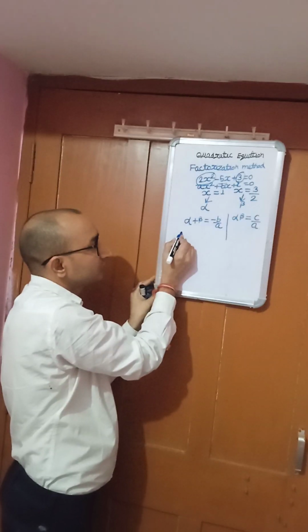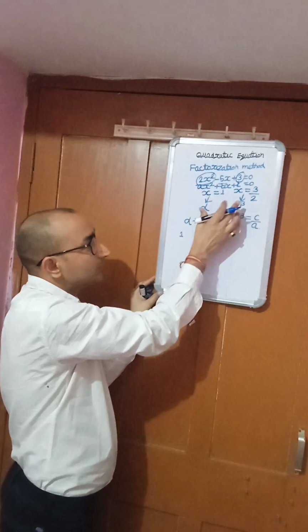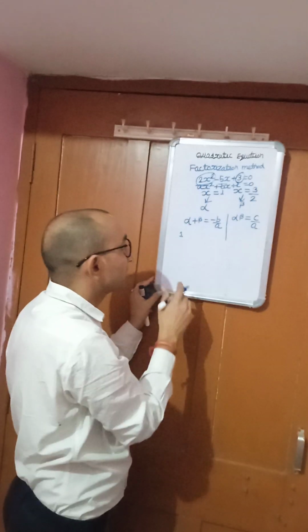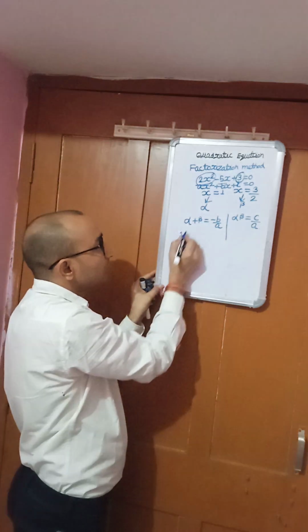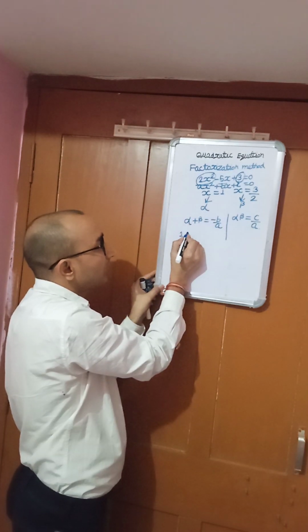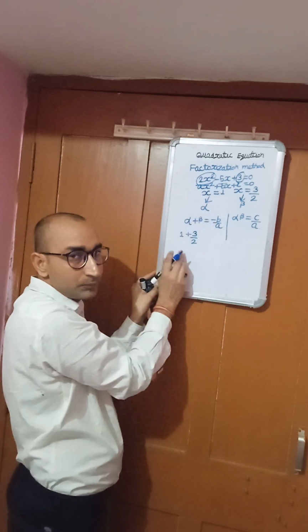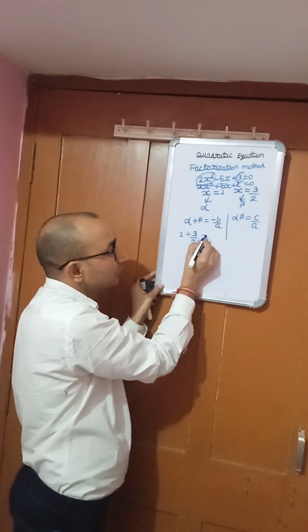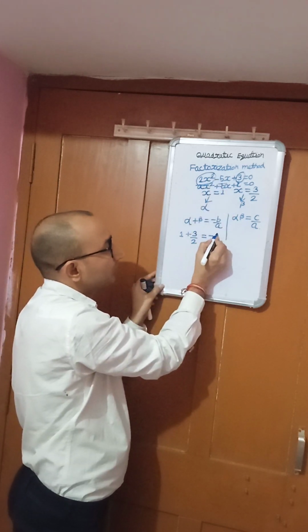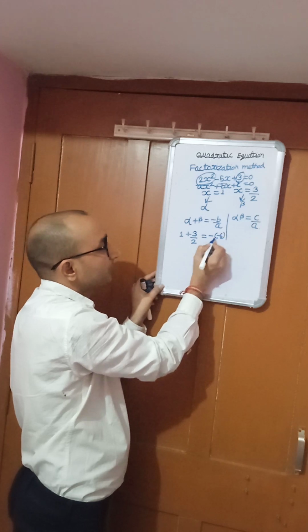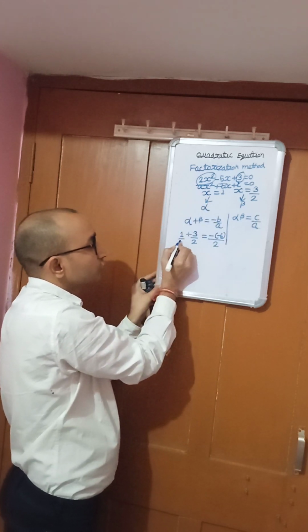This is the solution. Then the sum of the roots, means if we add 2 roots, then what will happen? One root is alpha and another root is 3 by 2. Put the value of alpha and beta here, equals to minus b by a. What is the value of b here? Minus 5. Put here minus 5, divided by a. A is here 2. Solve this.